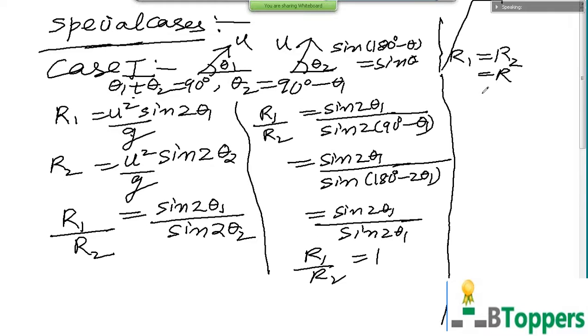The product of the maximum heights H1 and H2. Here H1 denotes the maximum height reached by the first projectile thrown at angle theta 1 to the horizontal. H2 is the maximum height reached by the second projectile thrown at a different angle theta 2 to the horizontal.